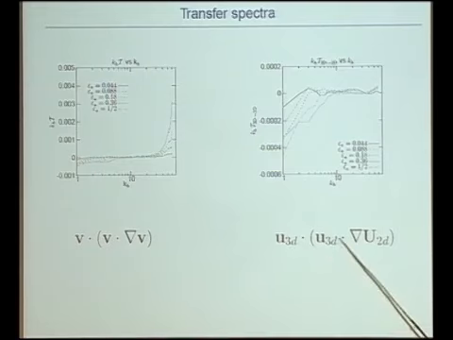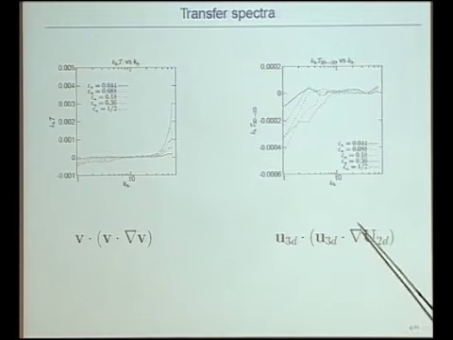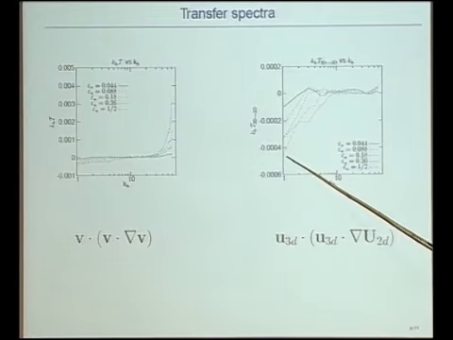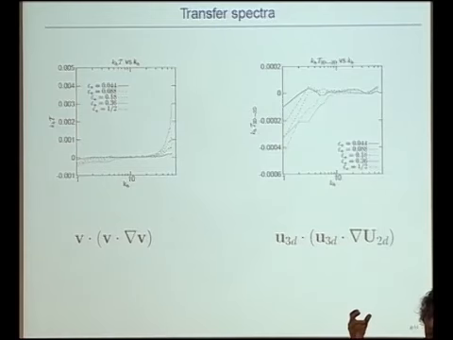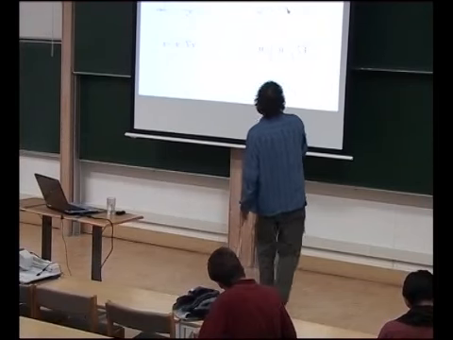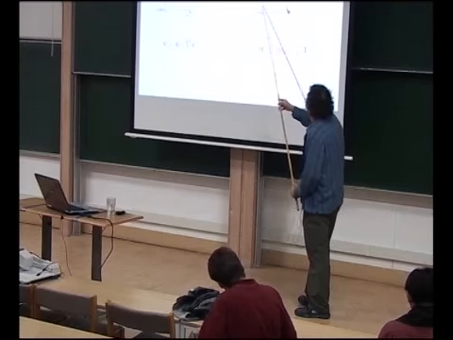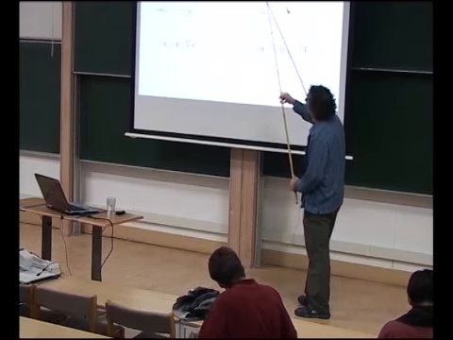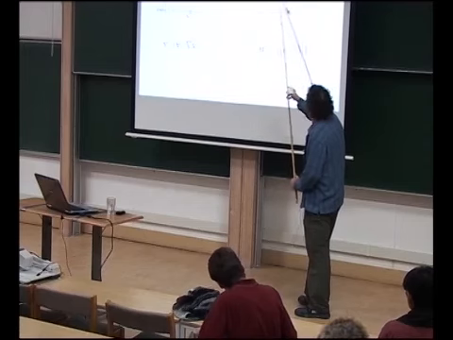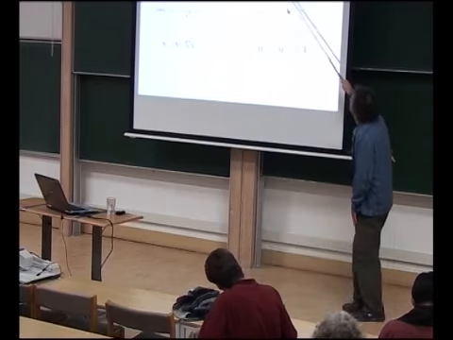The left is for the total flow, not making any distinctions between 2D or 3D. The right is a related quantity. It's just my production term here, this advective mechanism that I was mentioning. So U dot that is what shows up in the energy equation. When these curves are negative, it means that energy is coming out of the 2D flow and into the 3D flow.